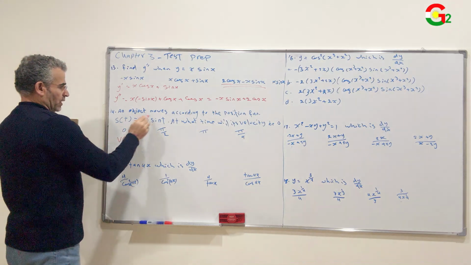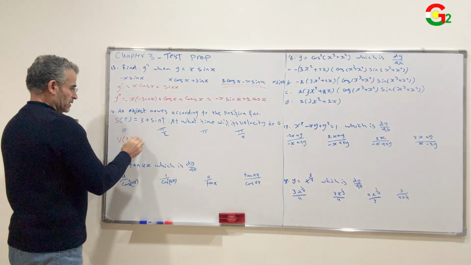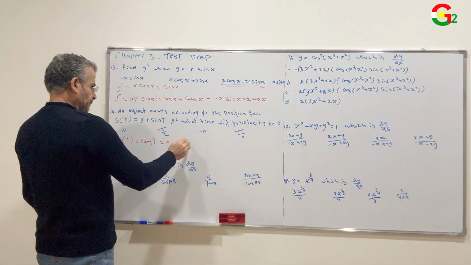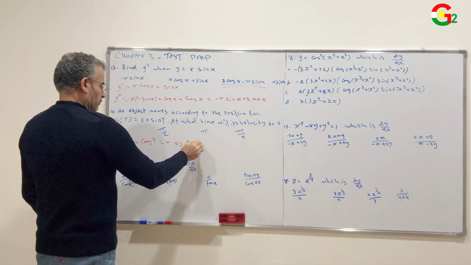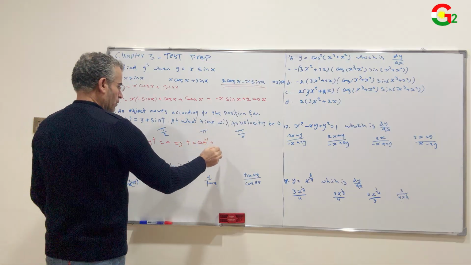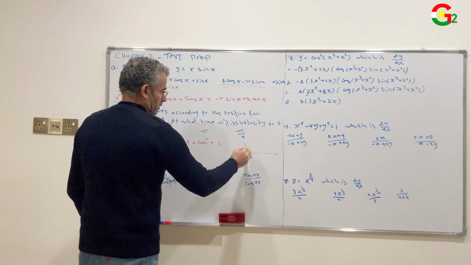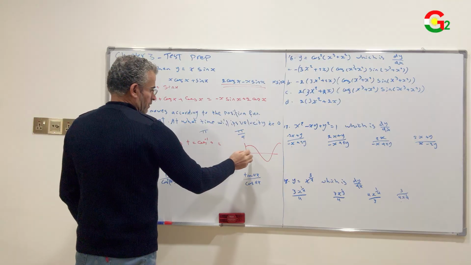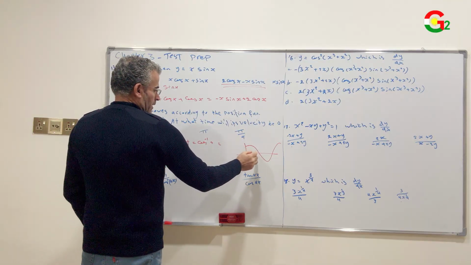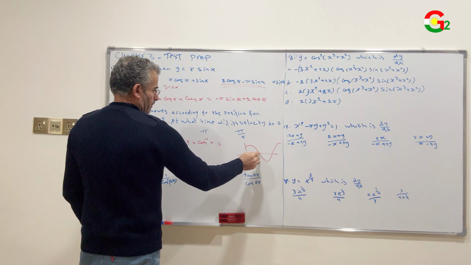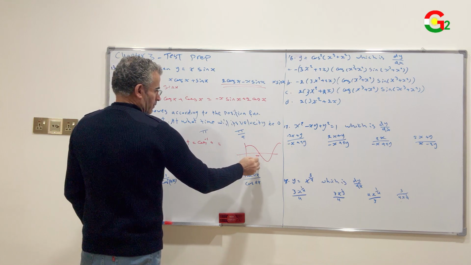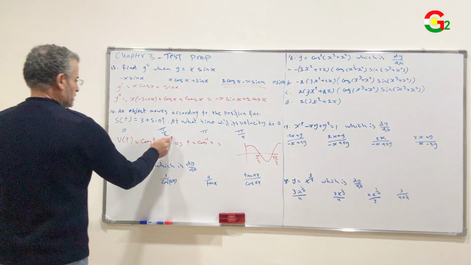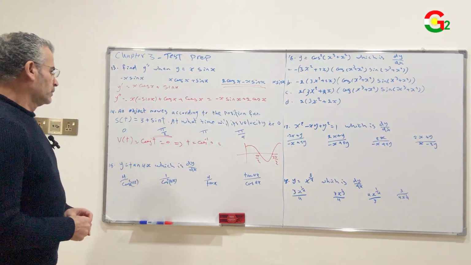V of t equal to the derivative of the position function, cosine t, set it equal 0, then t equal to cosine inverse 0 equal to, this is the graph of the cosine, it is pi over 2 and 3 pi over 2. Therefore, the right choice is pi over 2.